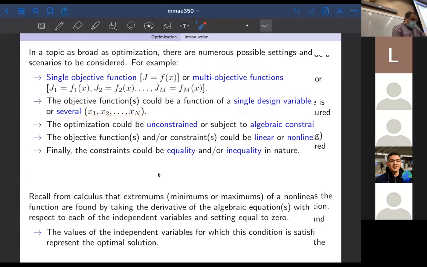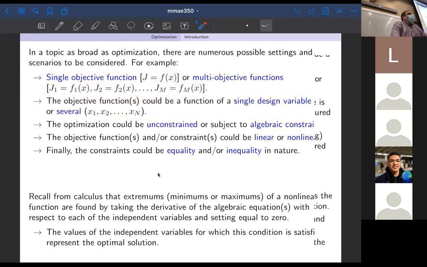The optimization could be unconstrained or constrained. So unconstrained obviously means the only thing we're going to be concerned with is what is the x, or what are the x's that minimize our single or multiple objective functions. That's the only consideration we have. If the problem is constrained, that means that those design variables have something else that they need to satisfy.